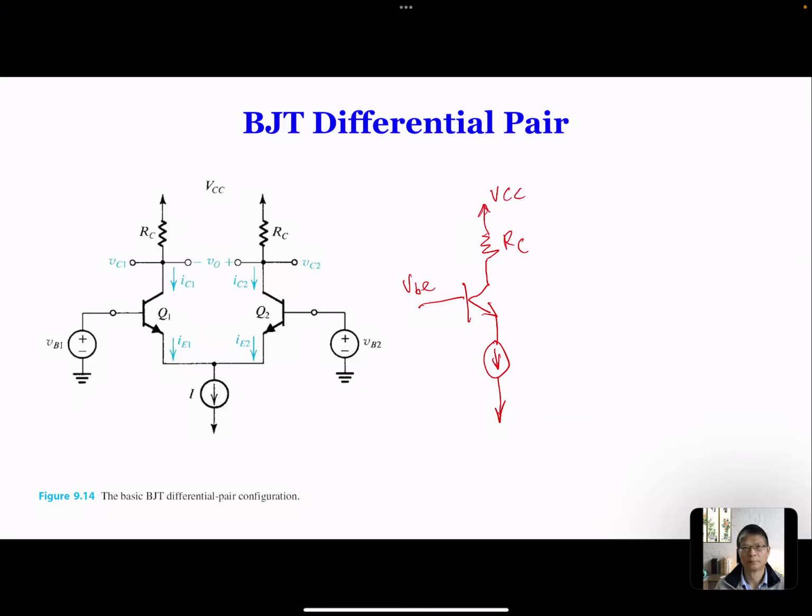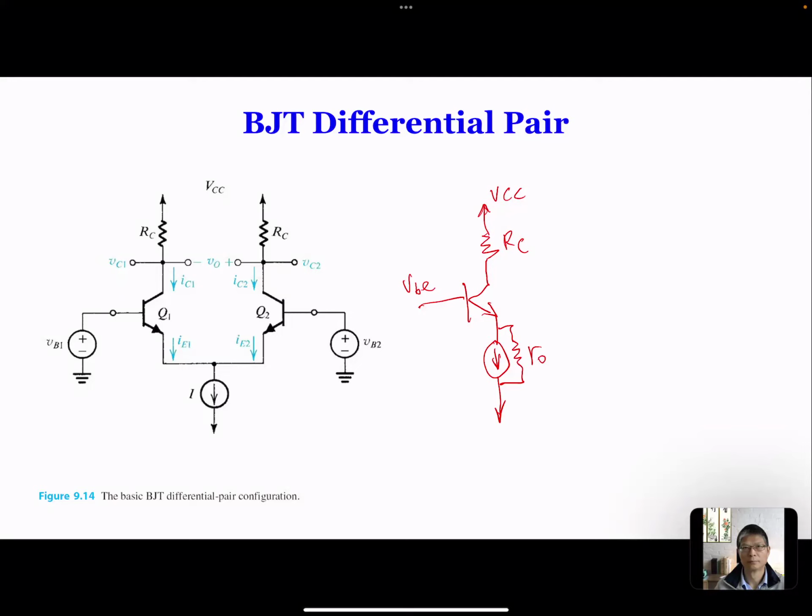So if this is a half circuit, if you open this one, this BJT becomes an unstable circuit because the emitter is not connected to anything. This will not work, so this is not a common emitter. But remember, if the current source is not ideal, we always have an output resistance that we call RO.